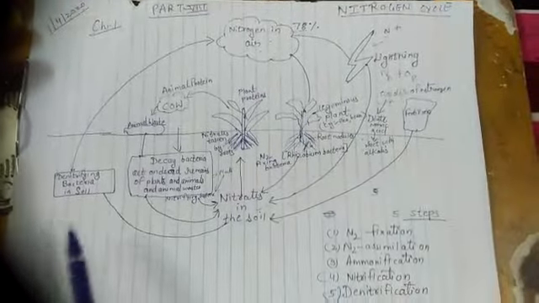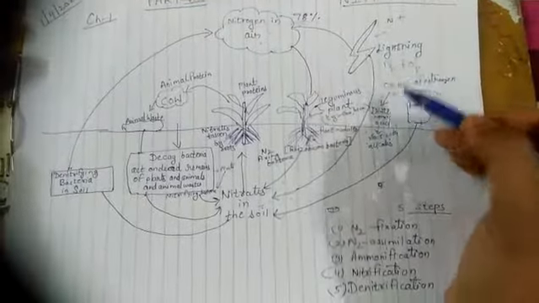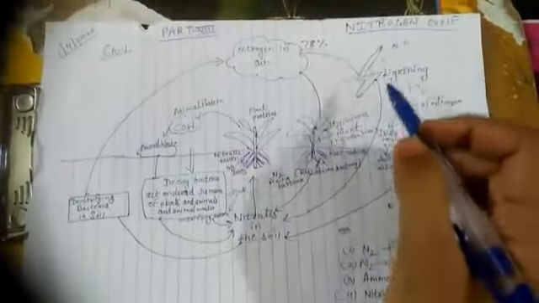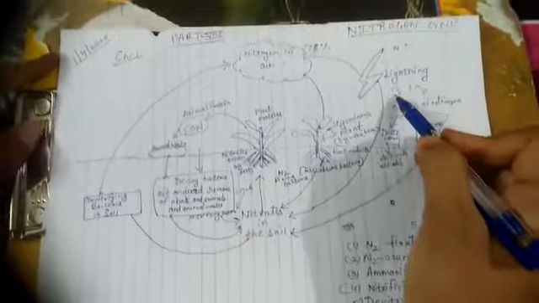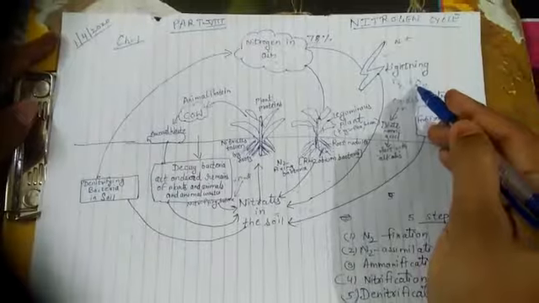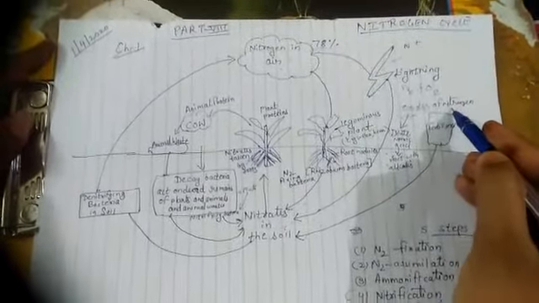How can we say that? The first method is lightning. When lightning occurs in our atmosphere, it causes very high temperature. So the nitrogen and oxygen present in the atmosphere can combine with each other and form oxides of nitrogen.